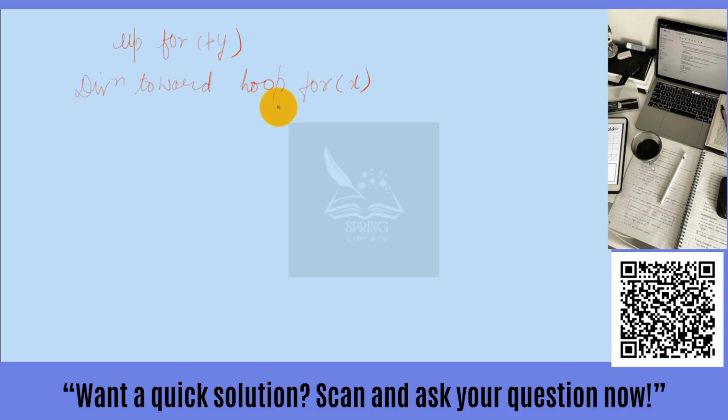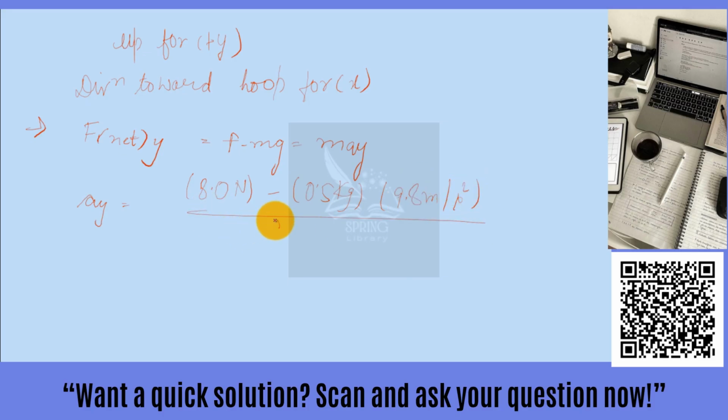Newton's second law along the y direction: F net in y is F minus mg, which equals m a_y. Hence a_y is 8.0 newtons minus 0.5 kg times 9.8 meters per second squared, divided by 0.5 kg, which equals 6.2 meters per second squared. The thrust, therefore the net force and upward acceleration, are constant.